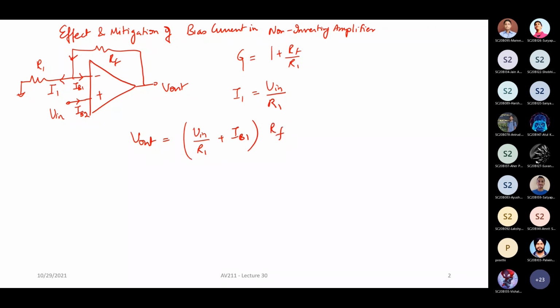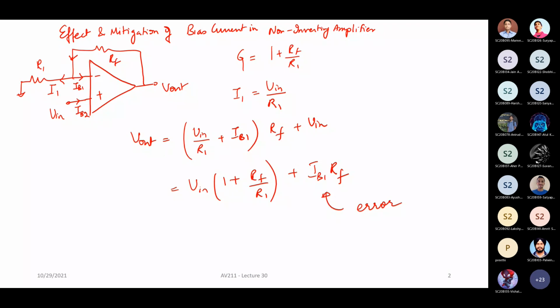So you're going to have Vout equal to Vin times (1 plus RF by R1), which is actually what you require, plus an additional term, which is the undesired term, equal to IB1 times RF. Correct. Now, this is going to be an error in the output voltage.